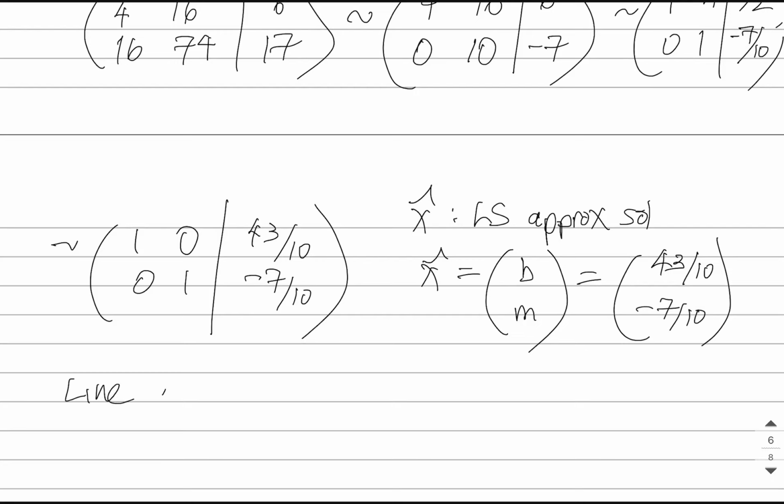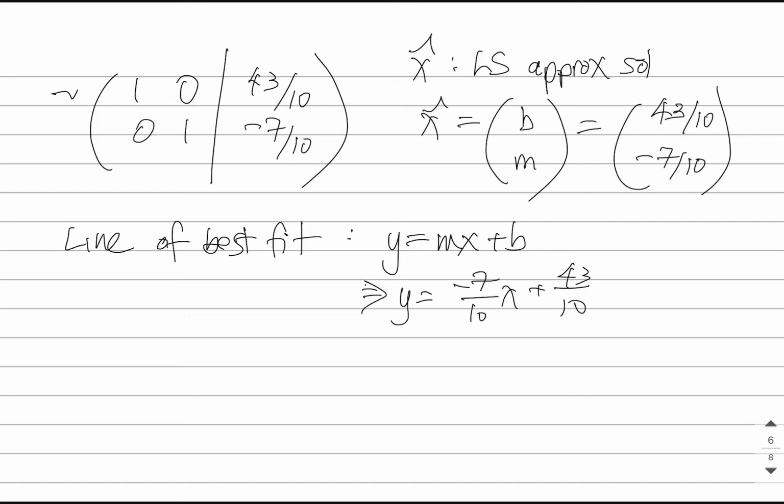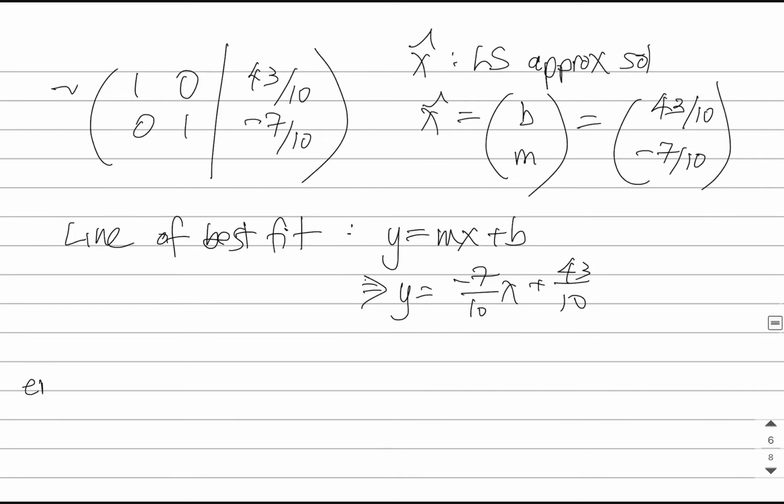So that means the line of best fit, y equals mx plus b, in this particular problem is going to be -7/10 x plus 43 over 10. The attached PDF that I have given you gives you a sense of how that line looks with the data points graphed nice and precisely, but you can see it does a pretty good job.